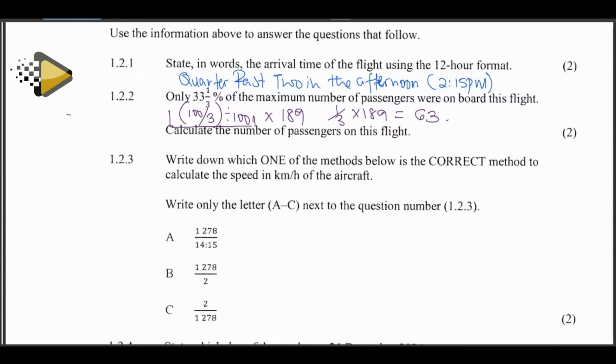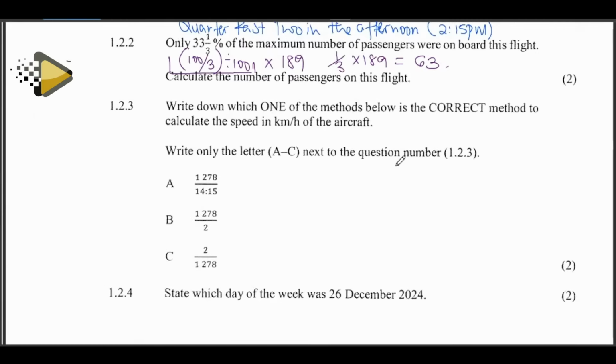Name the number of passengers. Okay, I will calculate the number. We've done that. Which one of the following is the correct method to calculate the speed in kilometers per hour of the aircraft? Remember, when we are calculating speed, we shall need the distance over time.